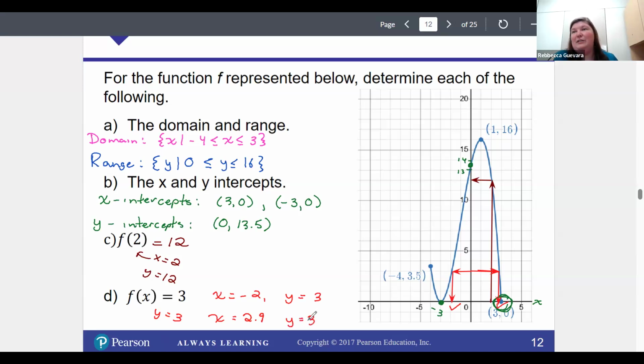There we get y is 3. Maybe 2.8. If you're anywhere close to 2.8 in that range, I would say you're good.